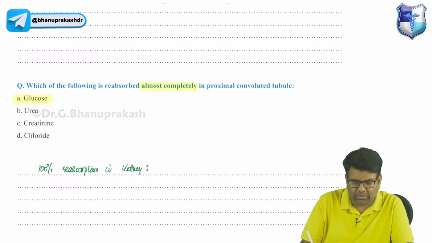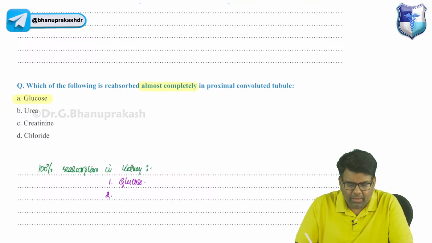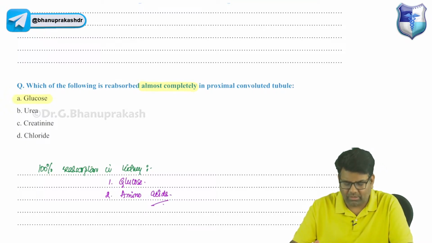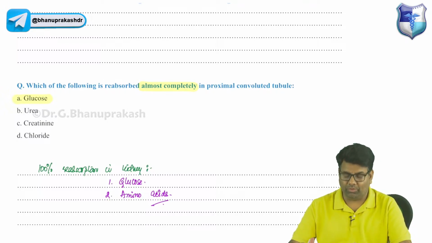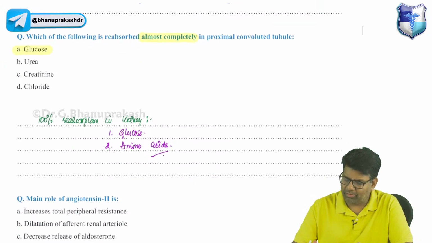One is of course glucose, and what is another thing? Amino acids. So these two are 100% reabsorbed. They should not come in urine in a normal person. Glucose and amino acids.